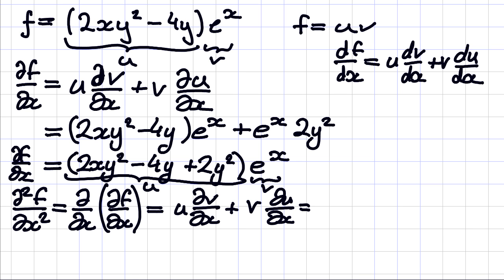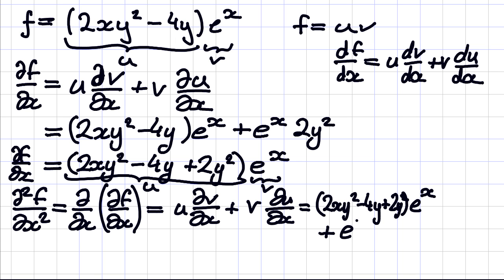So first of all I keep the u, that's going to be 2xy squared minus 4y plus 2y squared, and multiply by dv dx, which is just d by dx of e to the x. That's the same as before. And then v, that's e to the x, times du dx.